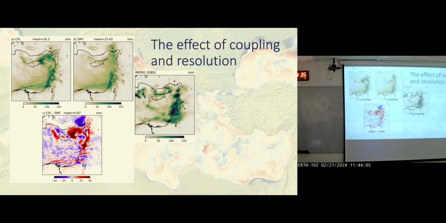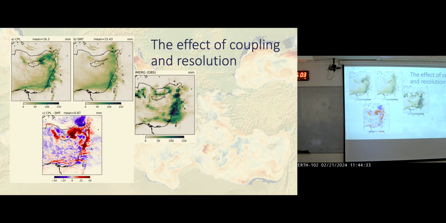And when I compare it with observations, I also see a similar picture. More precipitation in the south and north coastal plain, less precipitation in the center, and also these patterns over Turkey. We see them in the coupled simulation, not exactly in the right location, but you see them here, whereas in the smooth simulation it was completely shifted toward Turkey.